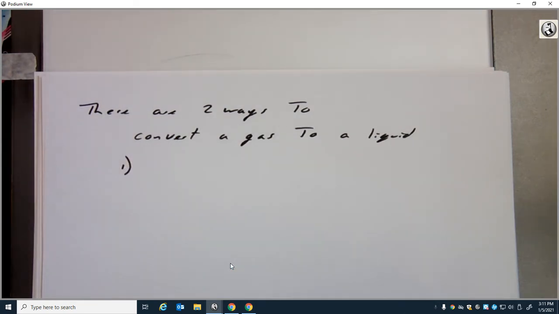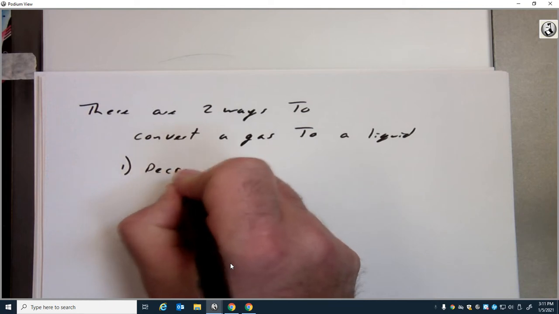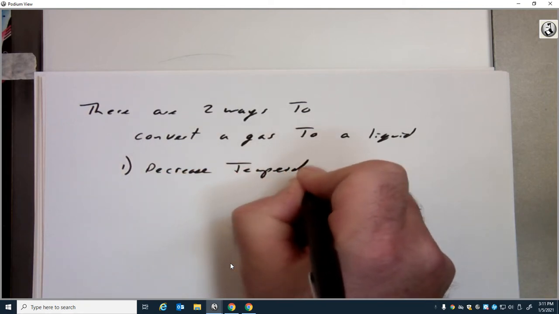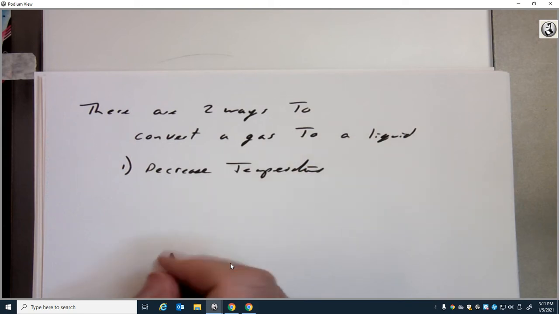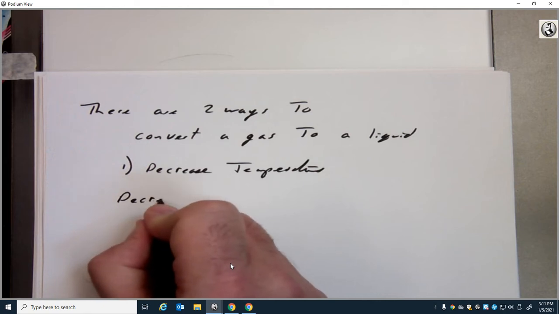The first obvious way is if I said, here's a gas, here's water vapor, how do you turn it to a liquid? You're just going to decrease temperature.